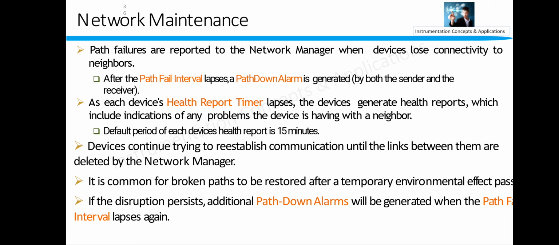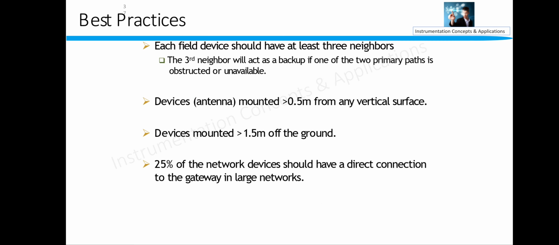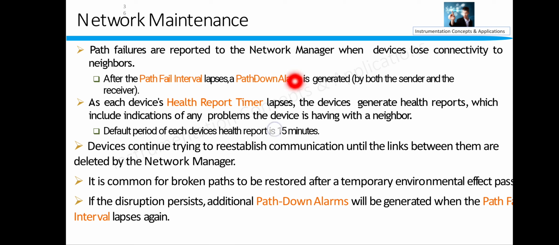Path failures are reported to the network manager when a device loses connectivity to a neighbor. After the path fail interval lapses, a path down alarm is generated. These alarms and further actions may vary from server to server. So these are some network maintenance procedures in my server actually.